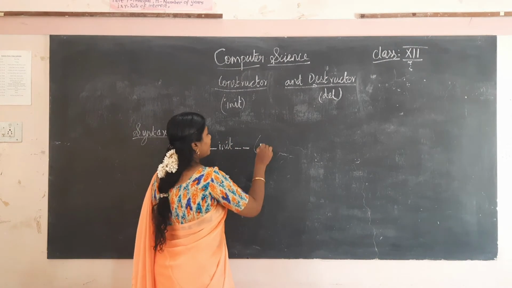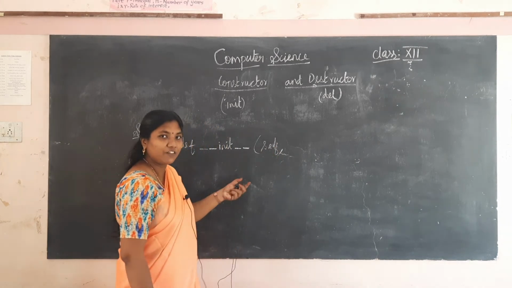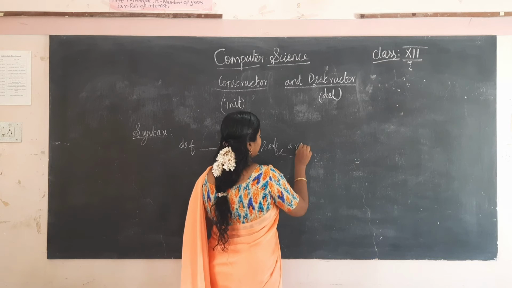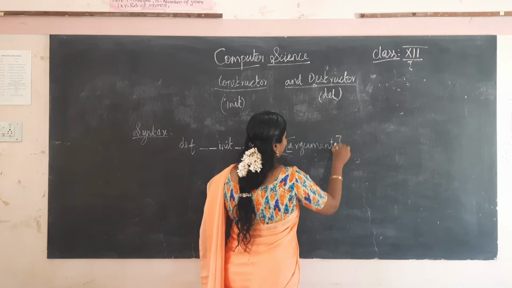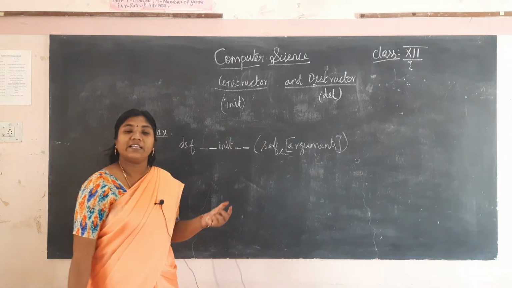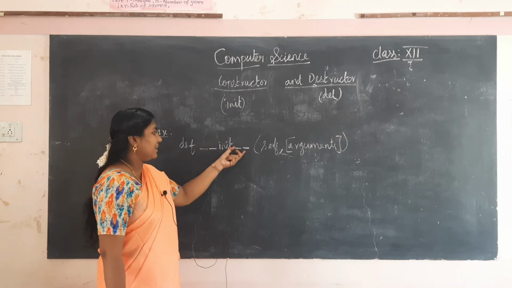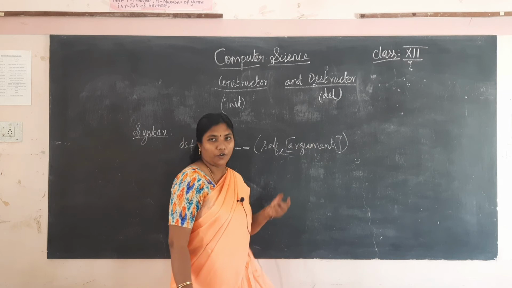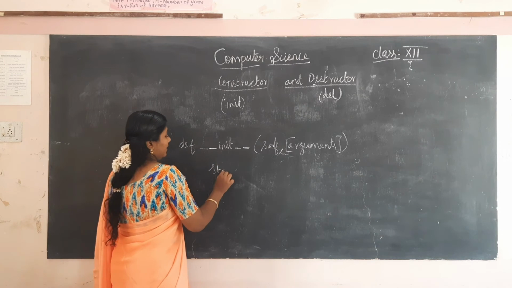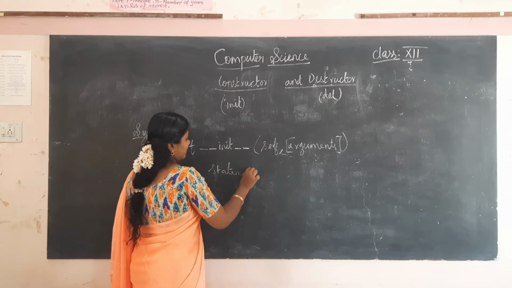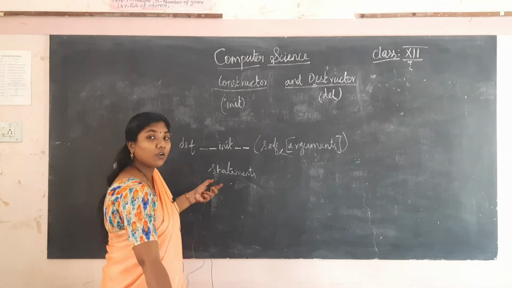Then you give your arguments. As in a class function, it will have self and then your arguments if you want. Without arguments also you can create your constructor, just as in a class function. So the syntax is def, double underscore init double underscore, self, and then arguments, and then comes the statements. That is the syntax.